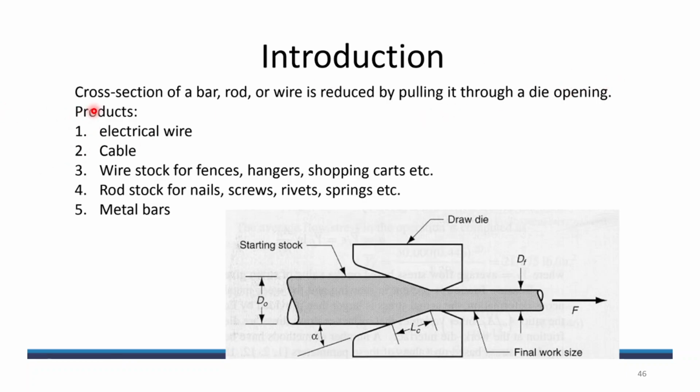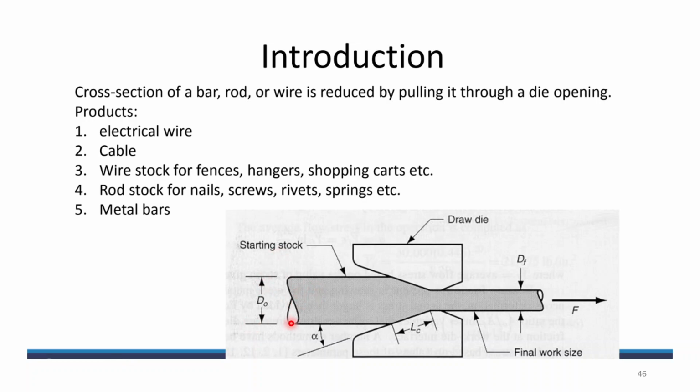The products that you have are electrical wire, cable, wire stock for fences, hangers, shopping carts, etc. You can also have rod stock for nails, screws, rivets and springs, etc. You can also have metal bars. Depending on the diameter, there are various names given: bars, rods and wires.